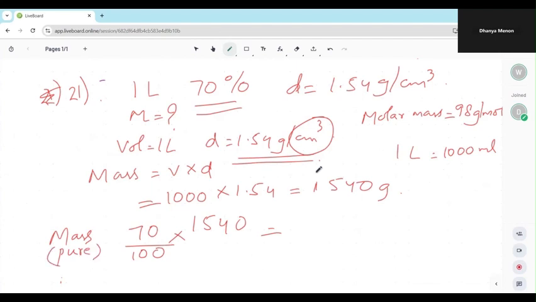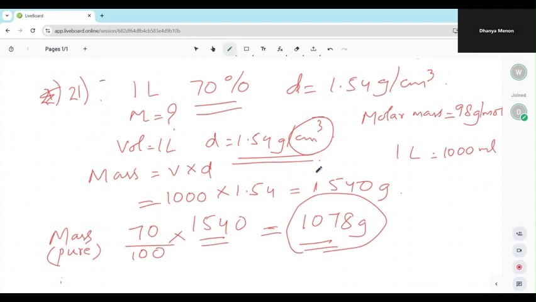The acid is 70% pure. So using this formula, I can get the mass of the acid that is pure. If I use this formula, I'm getting 1078 grams. Although I have 1540 grams of the acid, how much is pure? 1078 grams.